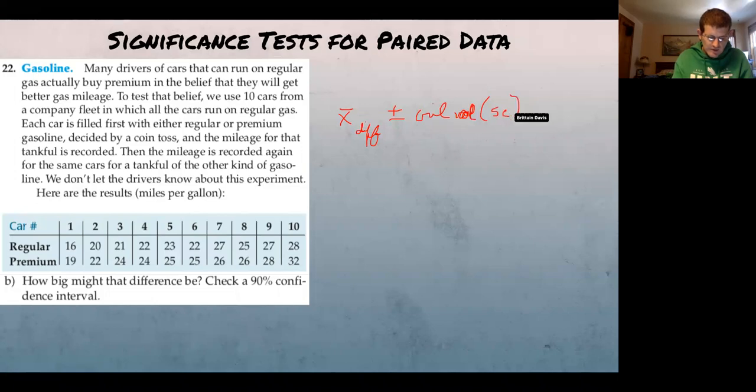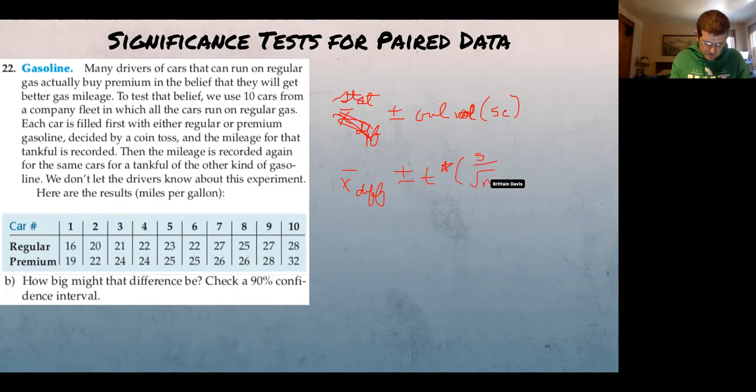So it's going to be t star times s divided by square root of n. This is s sub diff.